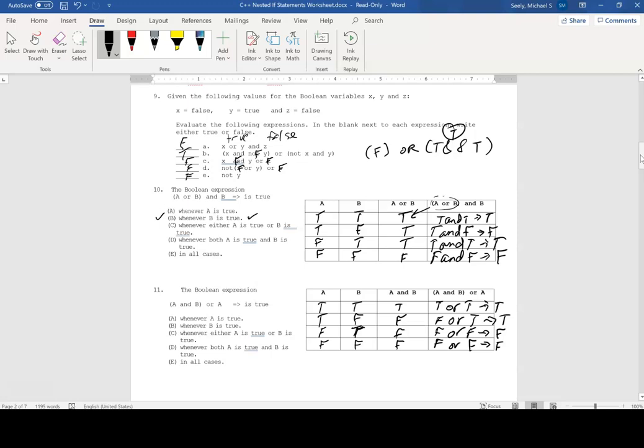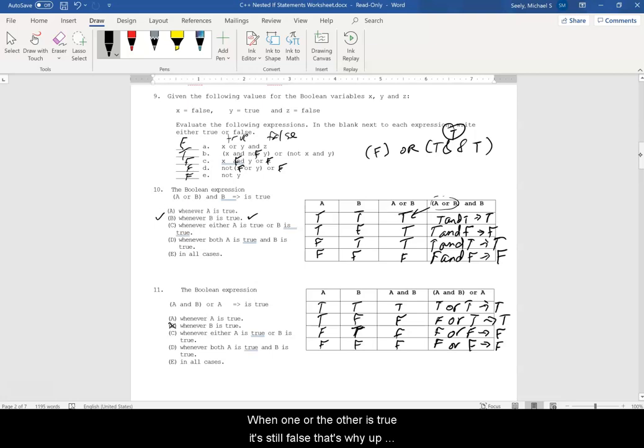11. Whenever A is true, so when those are true, those are true. Whenever B is true, it works for this one, it doesn't work for that one, so that's not right. Whenever either A is true or B is true, A is true. That won't work because when one or the other is true, it's still false.